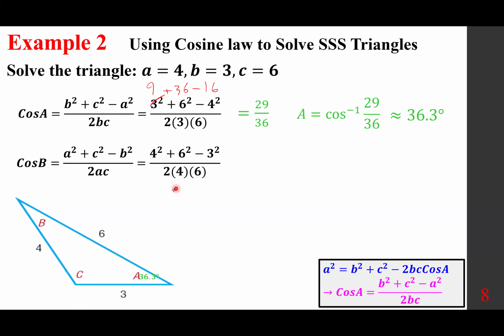So let's evaluate. 16 plus 36 minus 9 is 43. 2 times 4, 8 times 6, 48.